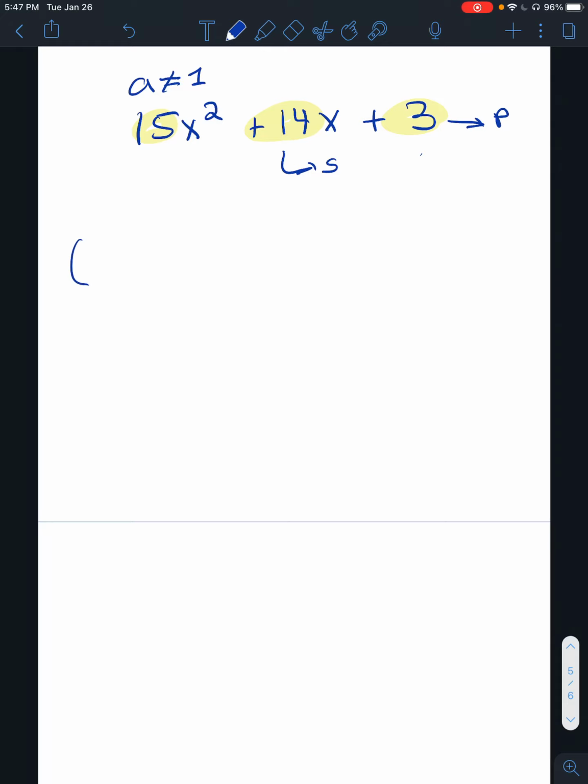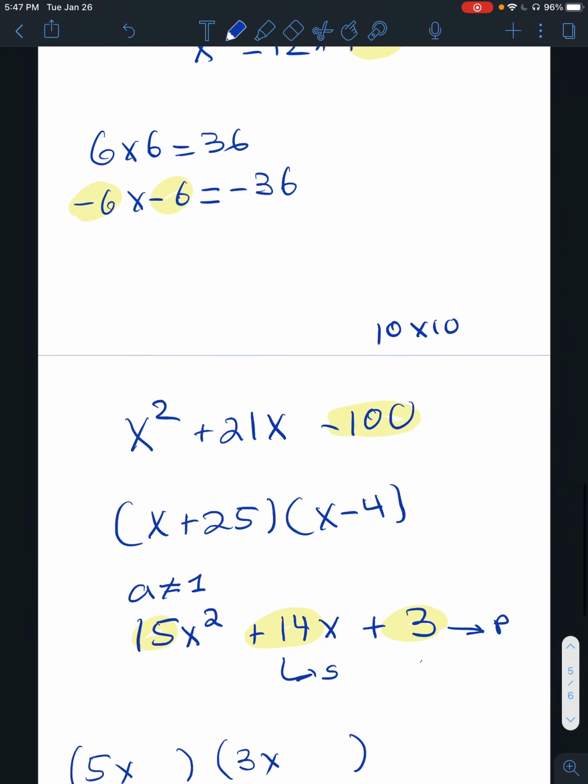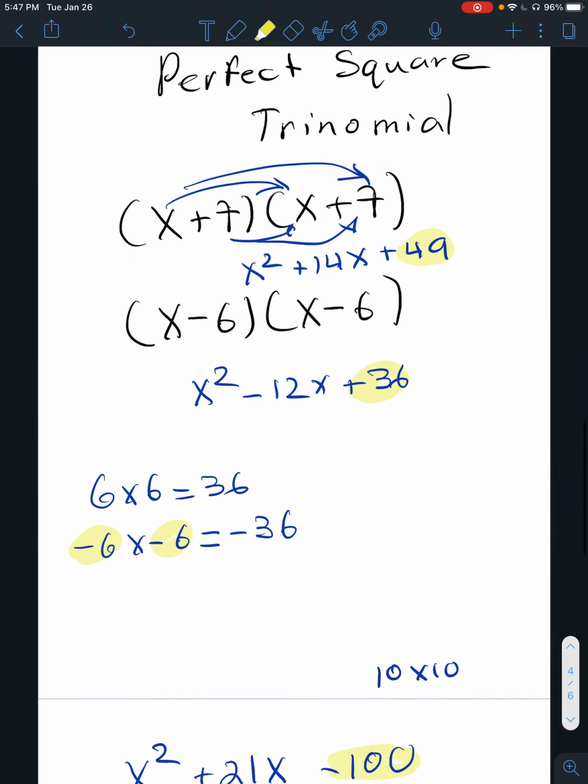So when I write my two parentheses, which I normally do confidently, I can either write 5x and 3x or 15x and x. I want you to notice that we didn't have this dilemma earlier because what two terms multiply to x squared? It's only x times x.